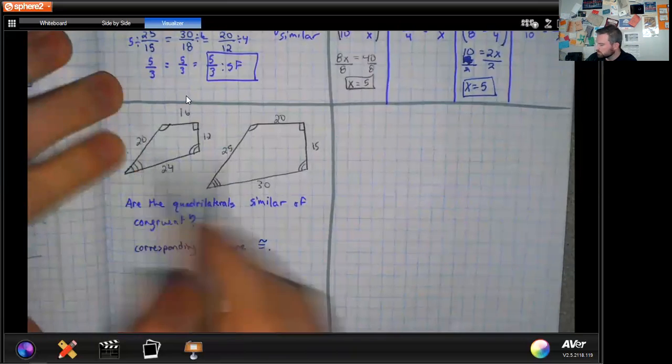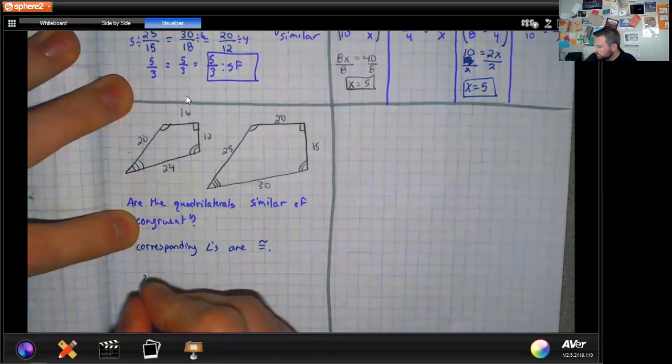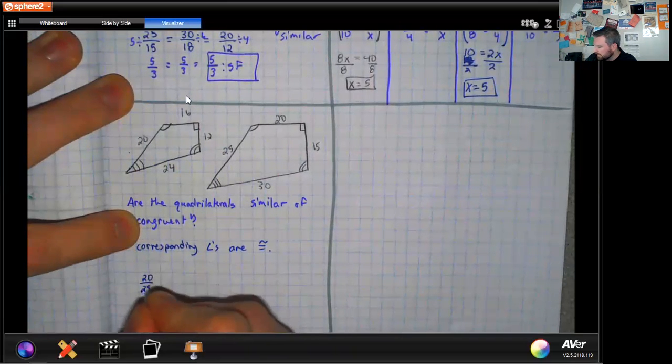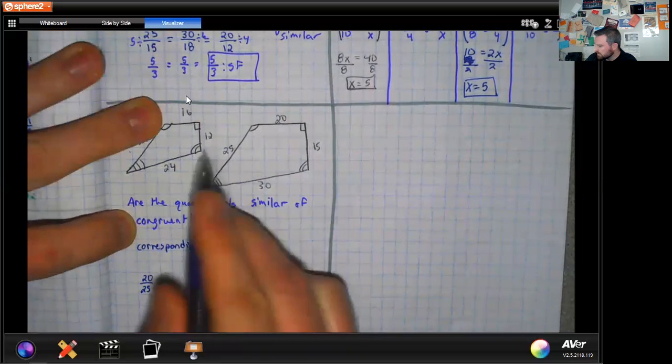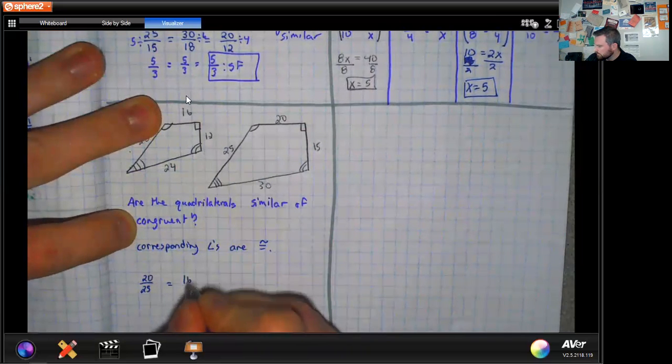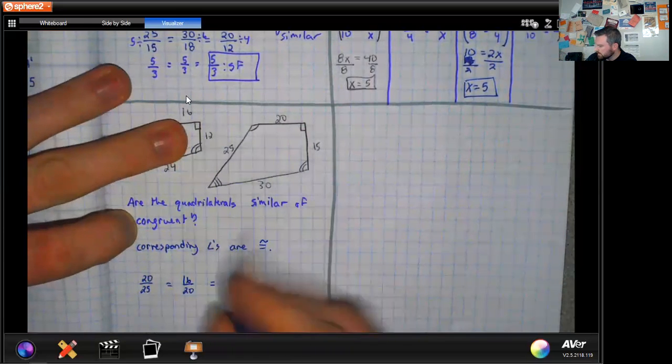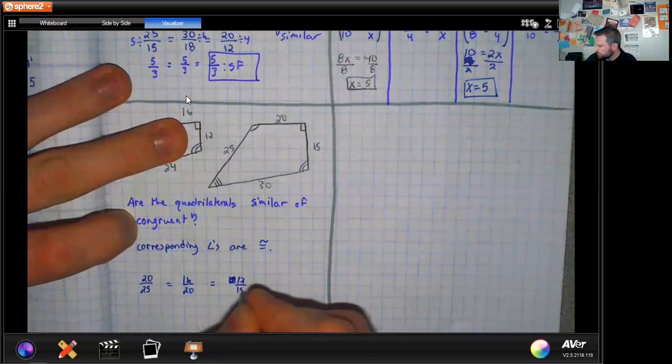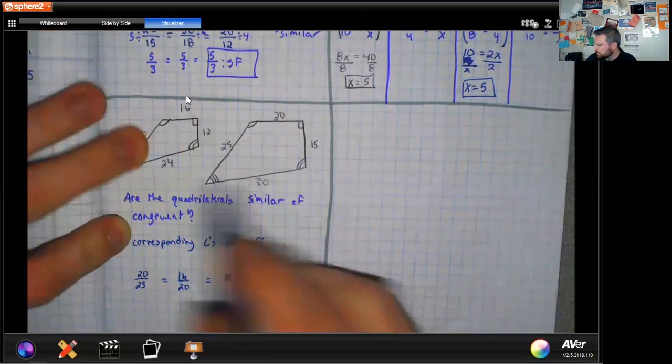So I've got 20 over 25. That needs to equal 16 over 20. That needs to equal 12 over 15. 12 over 15. And that needs to equal 24 over 30.